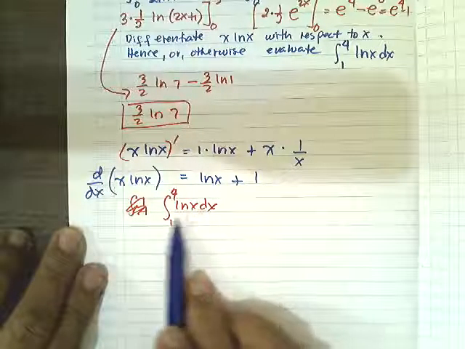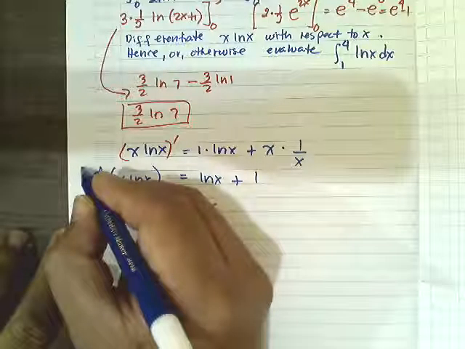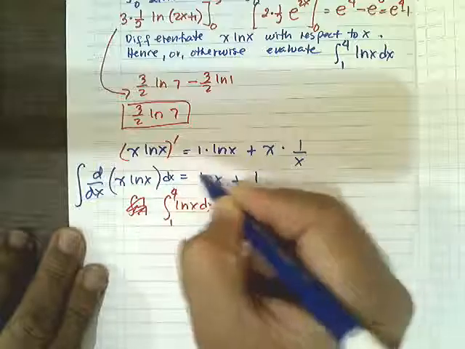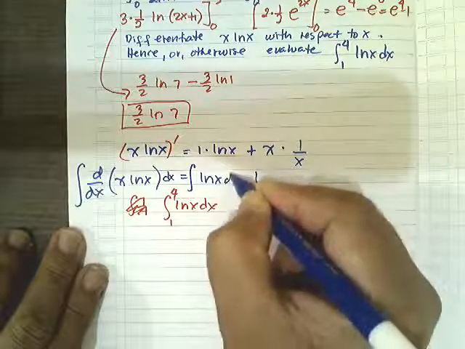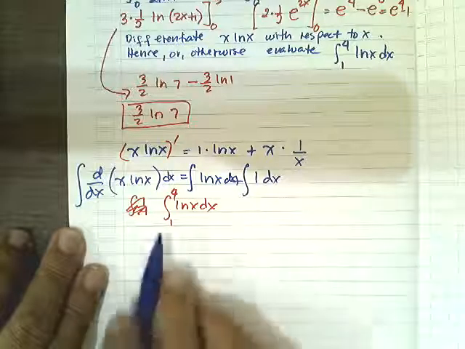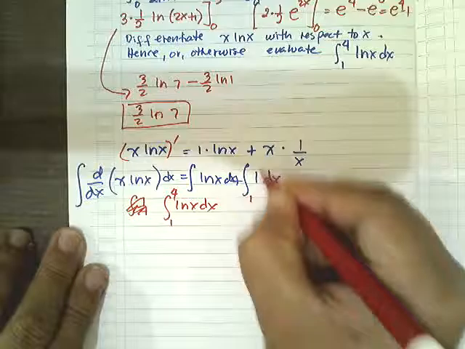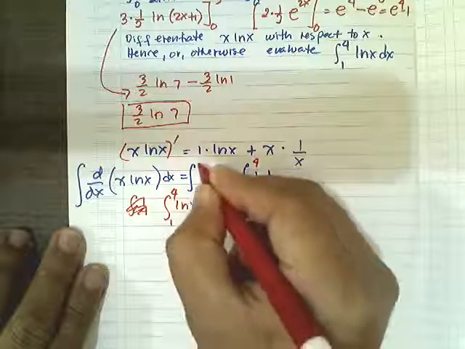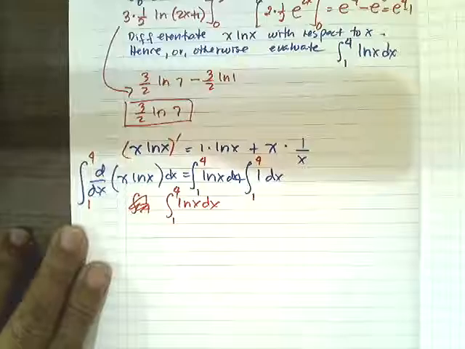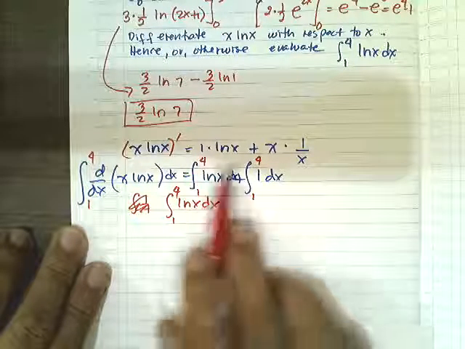As you can see, ln x is this part, okay? So we can integrate all of that with respect to x, from 1 to 4. Then we can extract this portion because this one is similar to that.